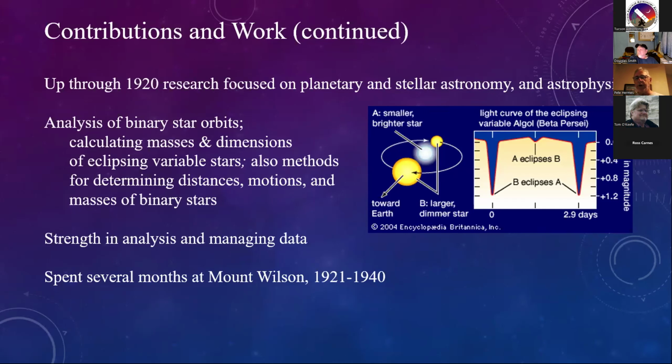There is a big dip in luminosity when the smaller star, which is generally not as bright or luminous as its parent star, passes in front. Then there is a minor decrease in the combined luminosity when the smaller star passes behind its parent.